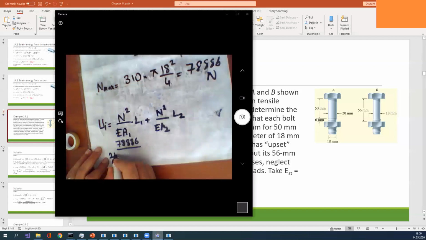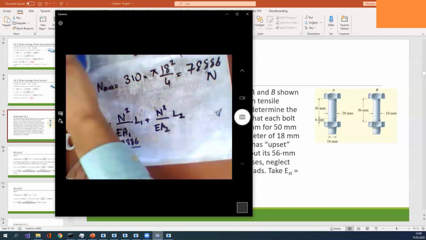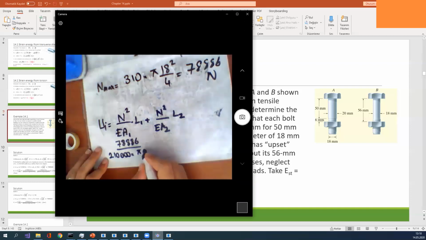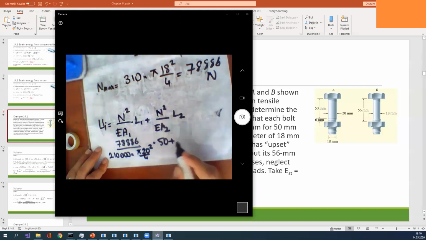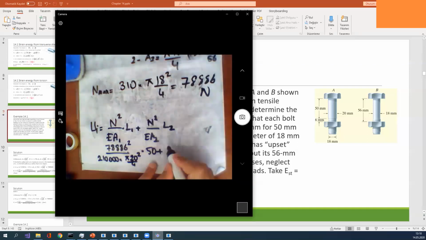Therefore, 210,000 times area 1, which is given, pi times 20 squared divided by 4, and L1 is equal to 50, plus, I'm sorry, this should be squared again, 78,886 squared divided by 210,000 times pi 18 squared divided by 4 times 6.